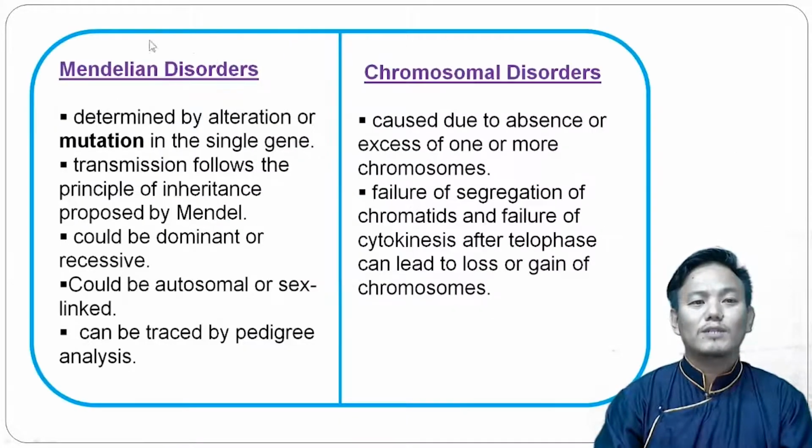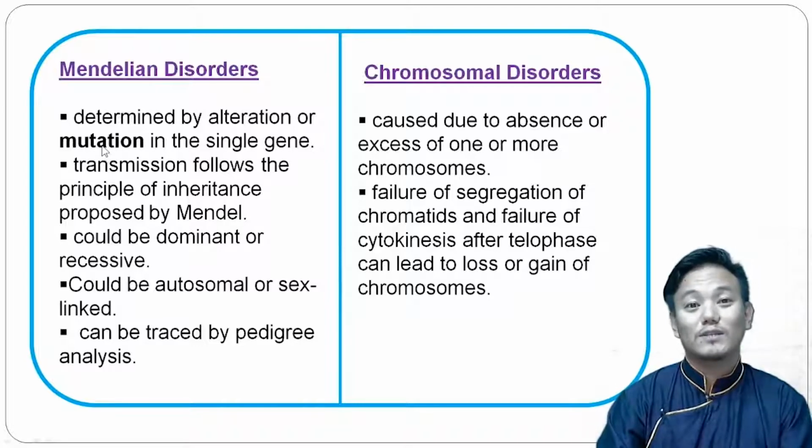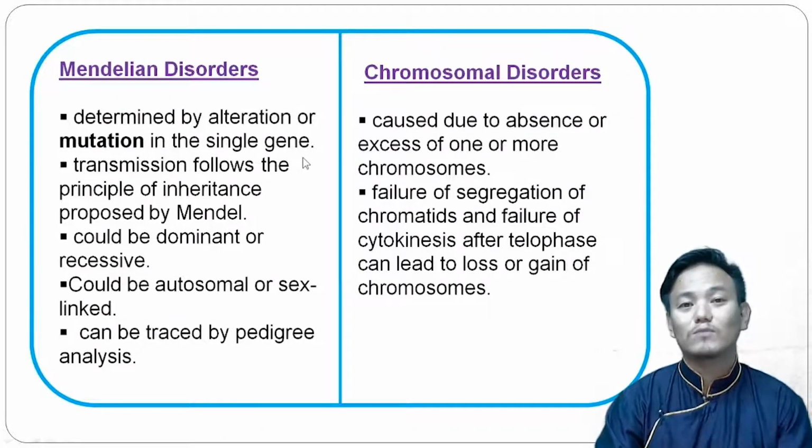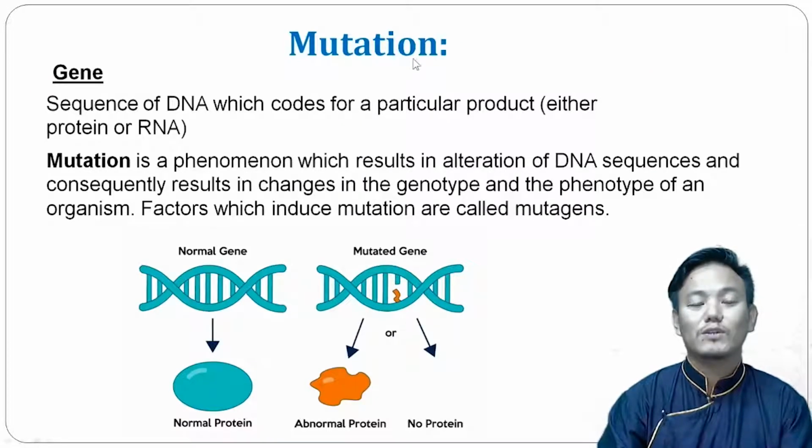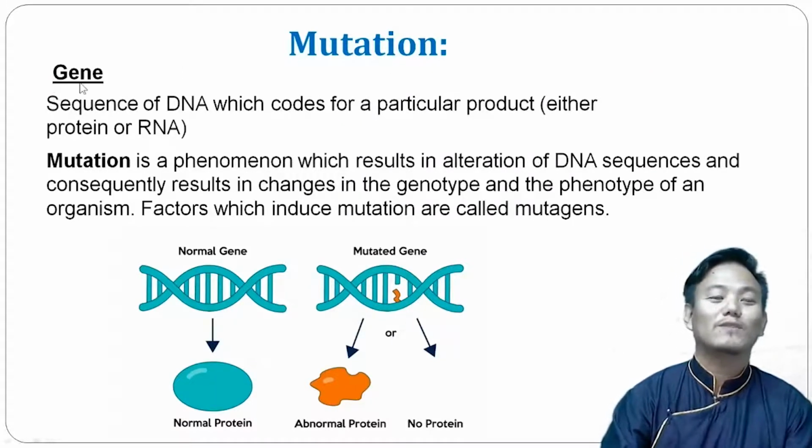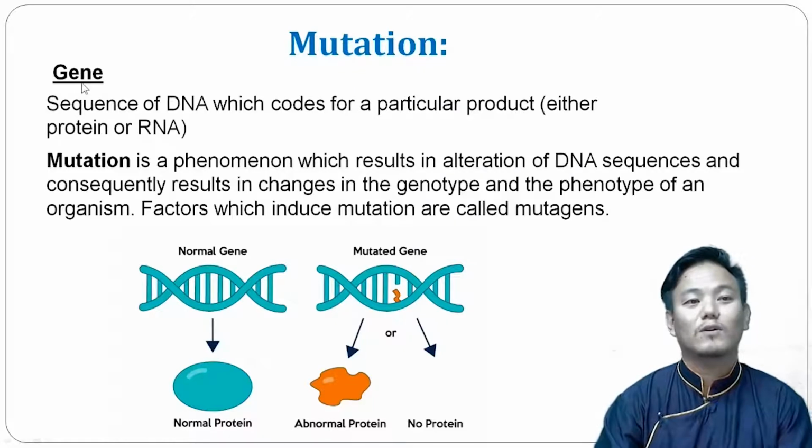Now, in order to understand Mendelian disorders, the cause is mutation in a single gene. So let's try to understand what mutation is. In order to understand mutation, we need to understand what a gene is. We need to be clear about the concept of gene.